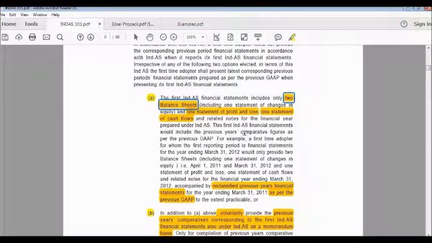You can see the example here, which is clearly mentioned, along with the reclassified previous year financial statement as per the previous GAAP. So there are 2 balance sheets as per Ind AS, 1 P&L as per Ind AS, 1 statement of cash flow as per Ind AS, and then the reclassified previous year figures as per the previous GAAP.